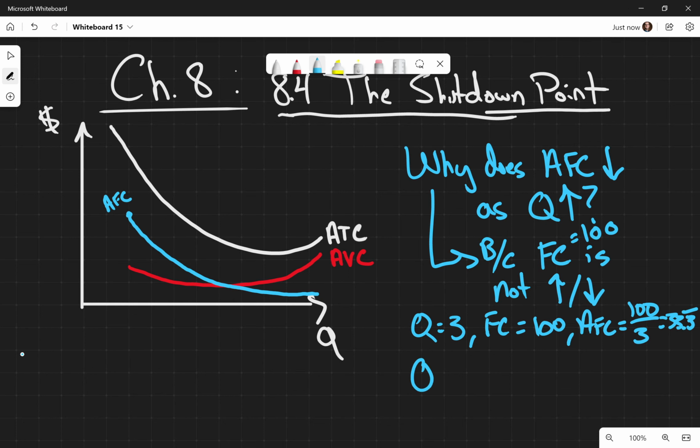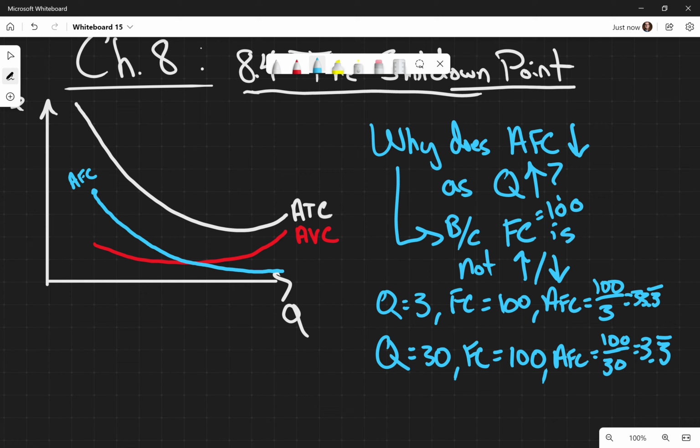When the quantity is equal to 30, the fixed costs are still 100, and so our average fixed cost is now 100 over 30, and so it's going to be 3.3 repeating, right? So it's an order of magnitude less as we increase the quantity.